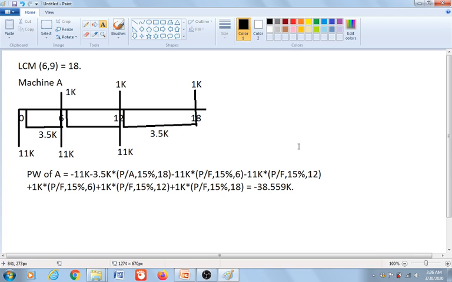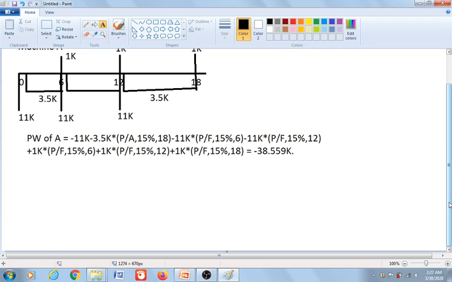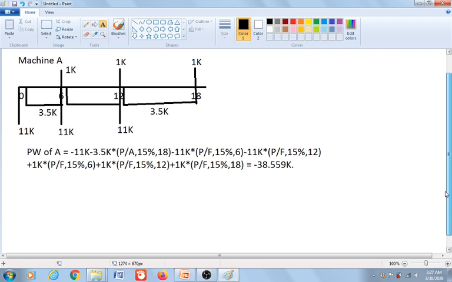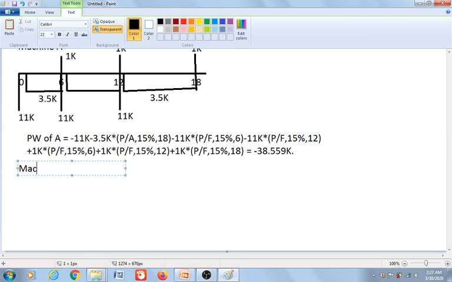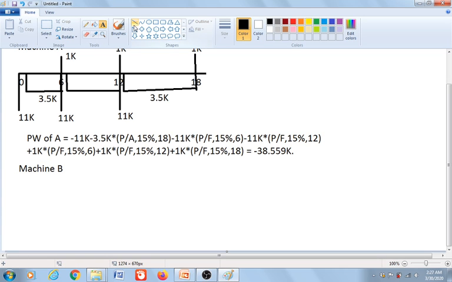Now we need to calculate the present worth for machine B, and the analysis period will be 18 years. So we're gonna do for machine B, we're gonna do this for 11 years and for 18 years.